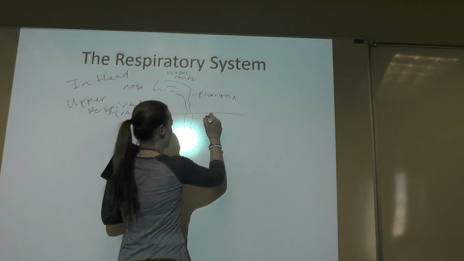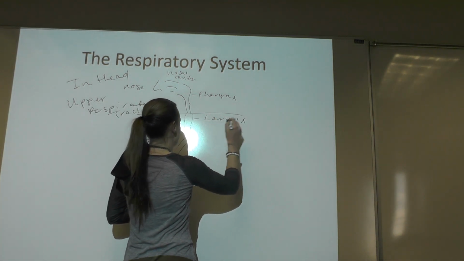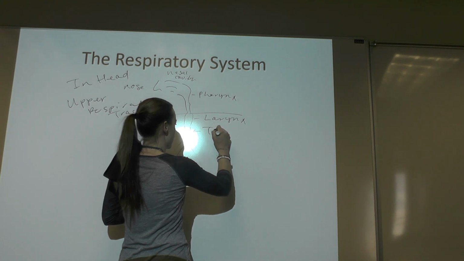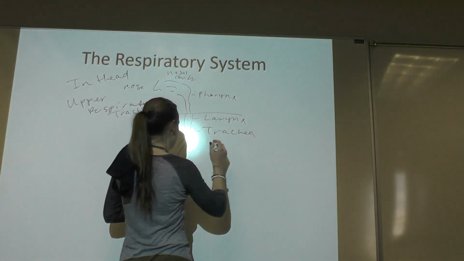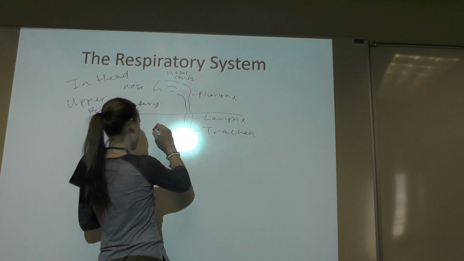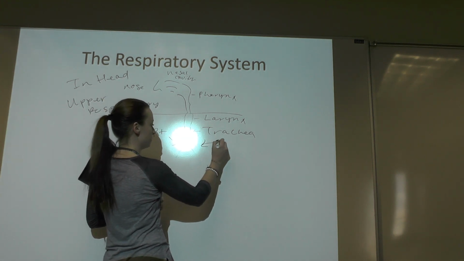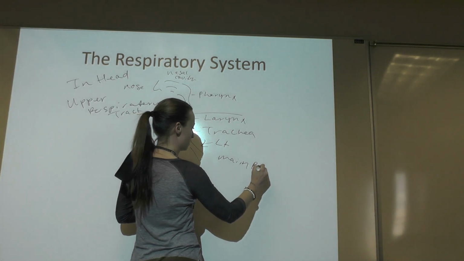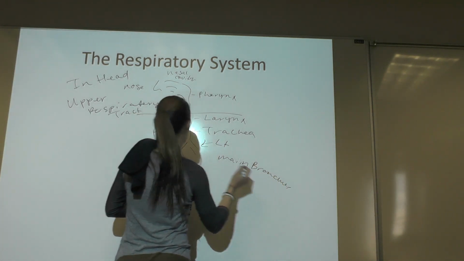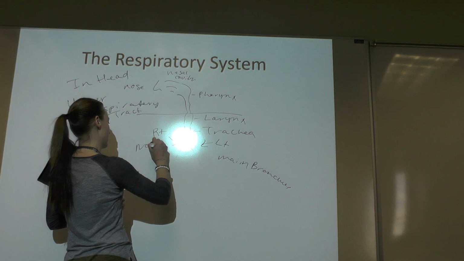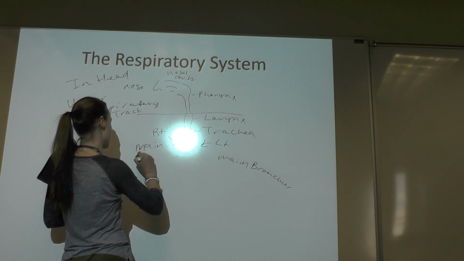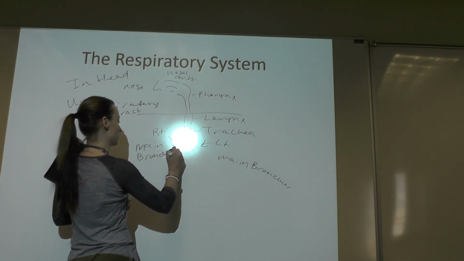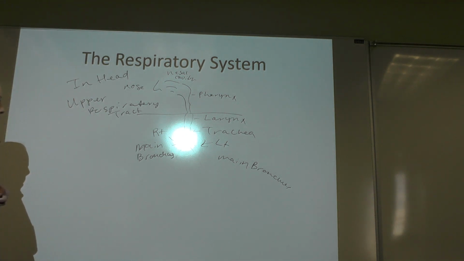And then we get to our larynx, which then leads to our trachea, which then leads to our right and left main bronchi. One is a bronchus. So I've got a right and left main bronchus. We'll look more at the bronchial tree in a little bit. But these are the structures.